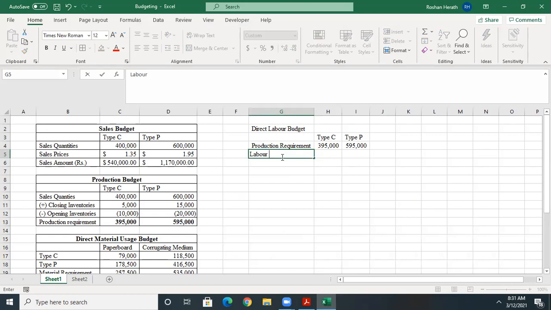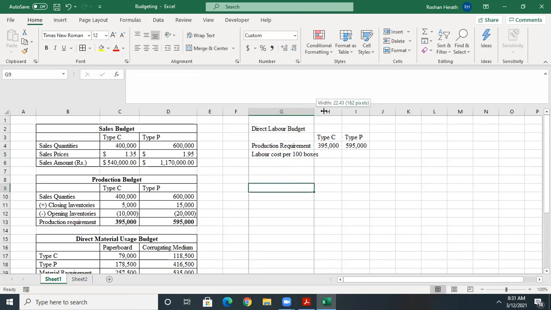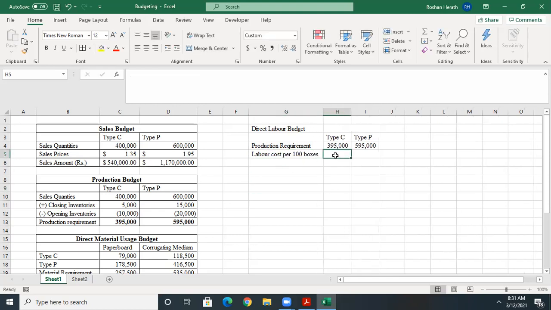And you can take labor cost per 100 boxes. For 100 boxes, cost is what it is given, so you need to be conscious.